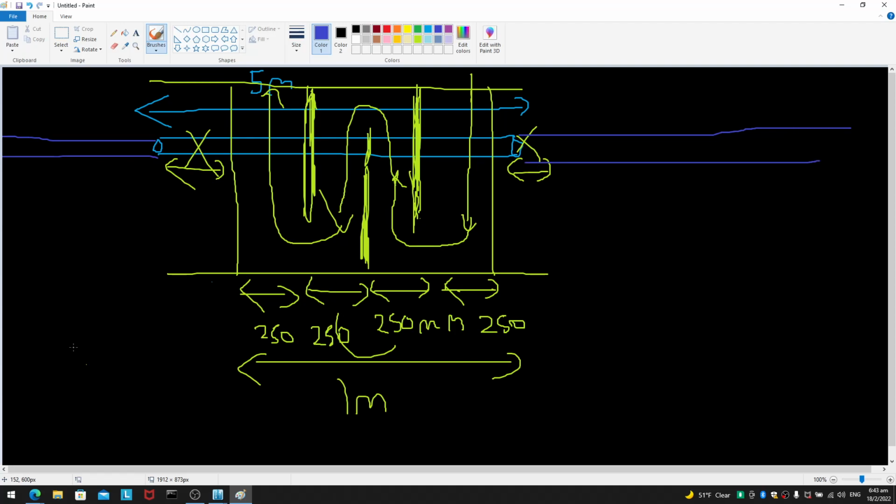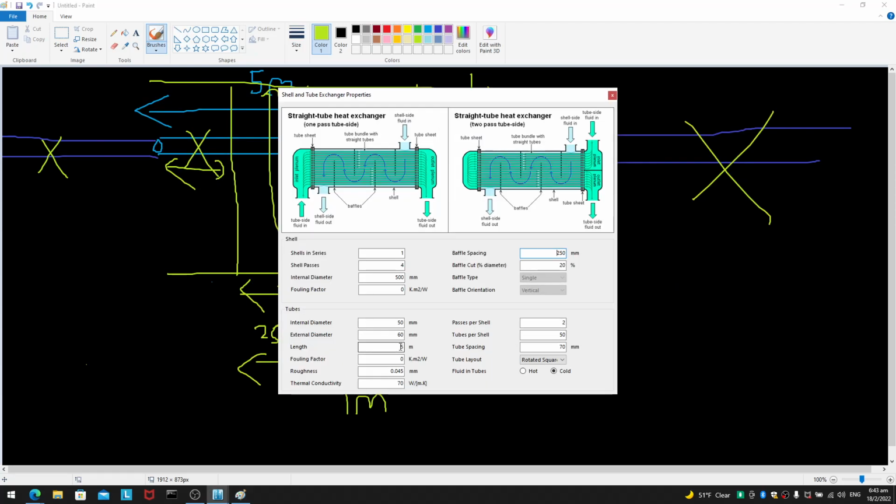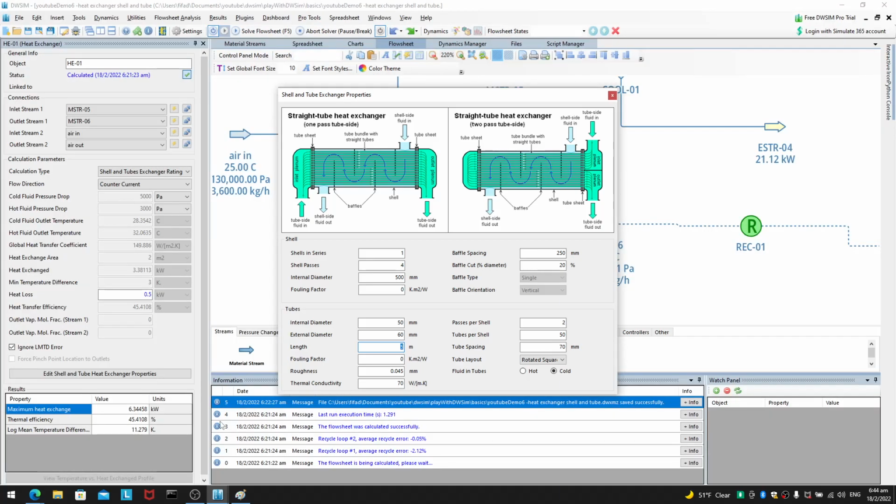Because this is 1 meter, there should be a few more meters of tube that are just not being contacted. So you should be quite wary of this. Bear this in mind when you design that, so that there is contact throughout the whole tube.